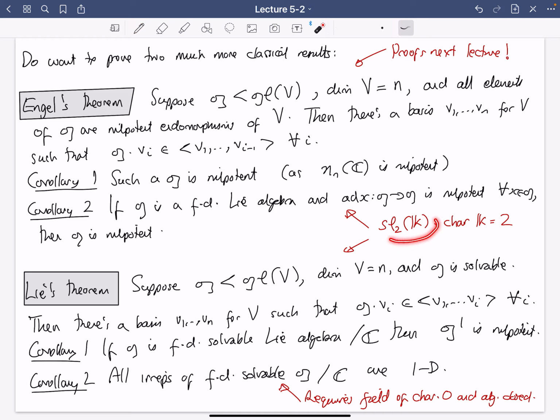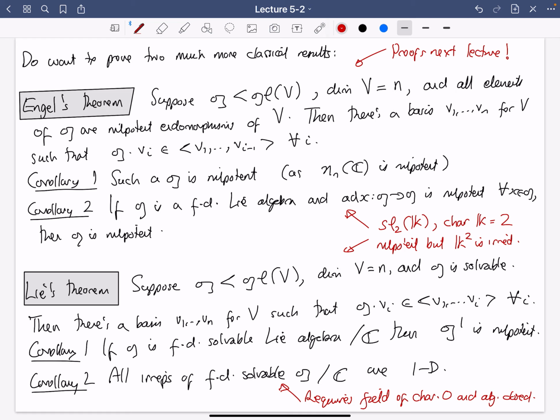So again, sl_2(K) gives you a counterexample because the defining representation of sl_2(K) is actually an irreducible representation for that Lie algebra, even though that's actually a nilpotent Lie algebra. So this is kind of just useful to think about, to give yourselves counterexamples.